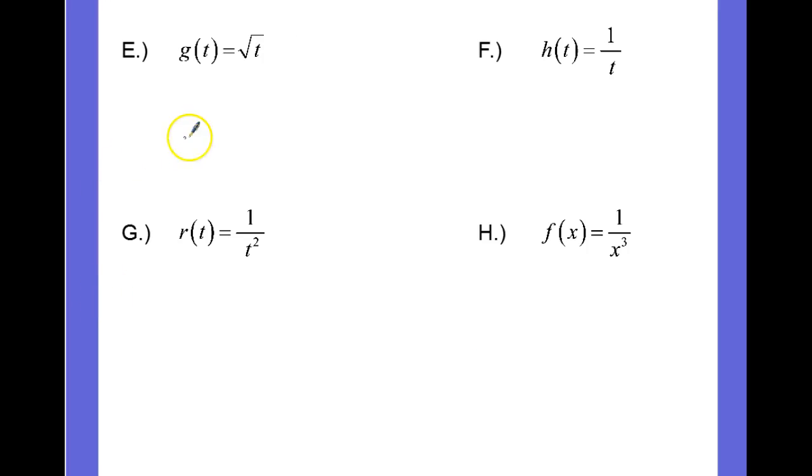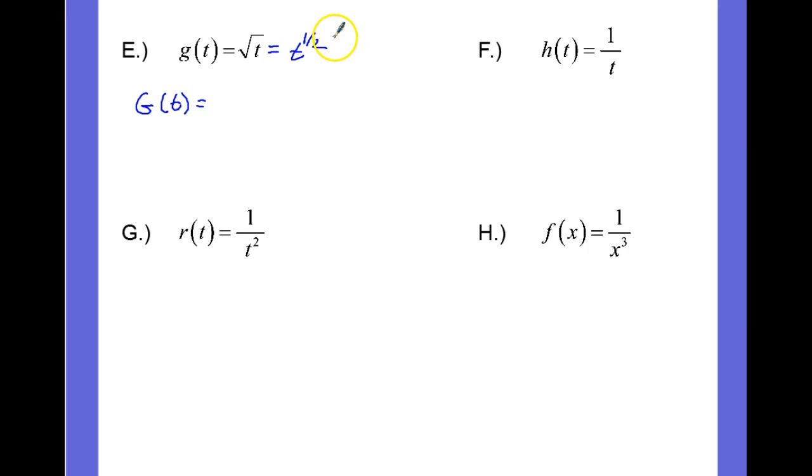Let's do a couple. In part E, they give us g of t is equal to the square root of t. Now I find that it is helpful to rewrite your roots with rational exponents, and so this would become t to the 1/2. And so let's find what capital G of t is. Alright, so again, undoing the power rule, I would need to raise this by 1. Okay, so the question is, what is 1/2 plus 1?